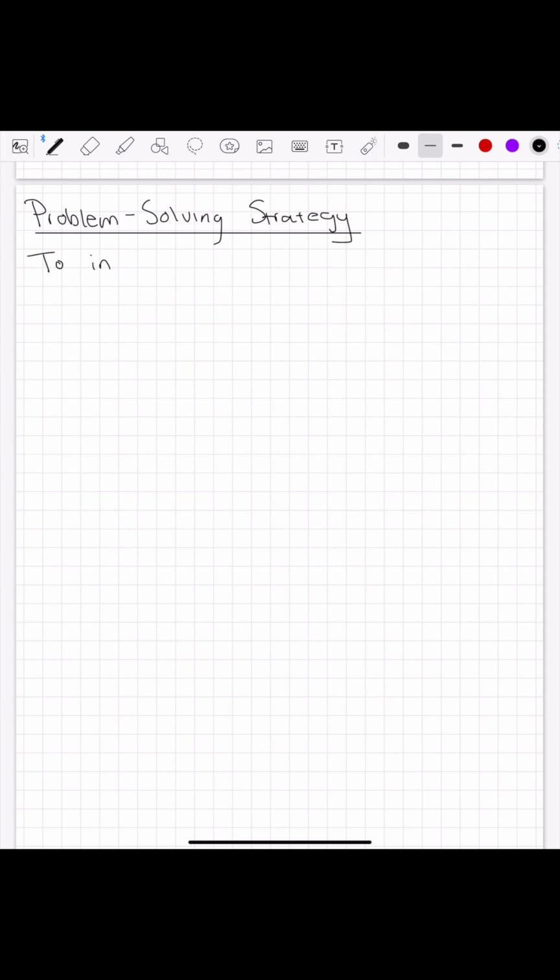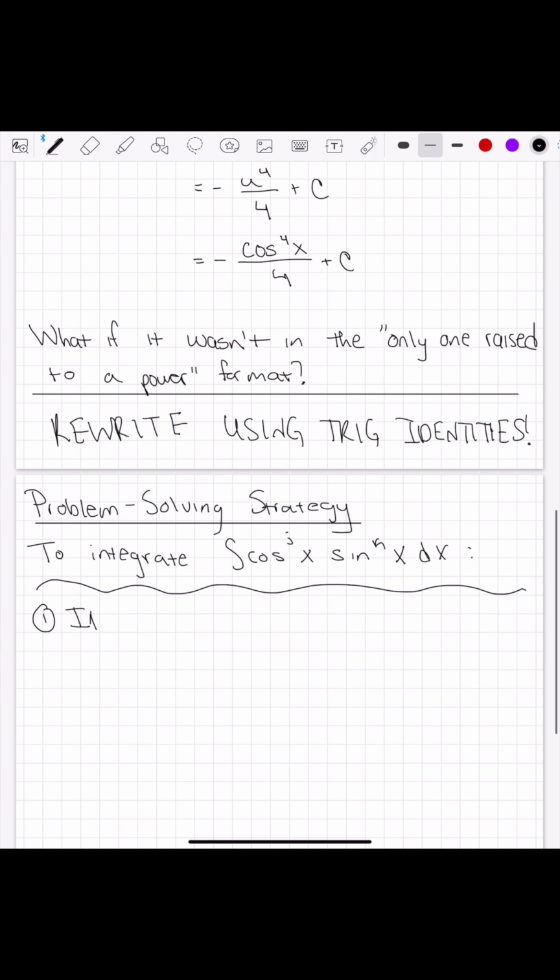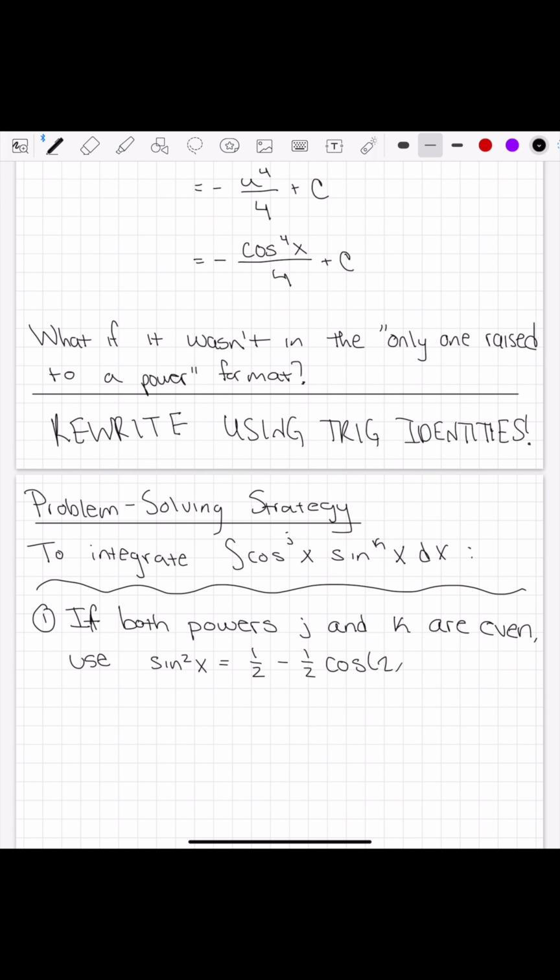To integrate the integral of cosine raised to some power j of x times sine raised to some power k of x, you need to look at whether the powers are even or odd. If both powers j and k are even, then we're going to use either sine squared x is 1/2 minus 1/2 cosine 2x, or cosine squared x is 1/2 plus 1/2 cosine 2x.